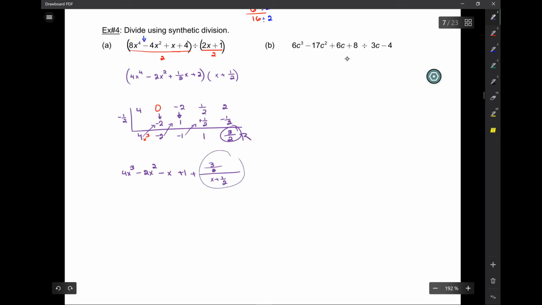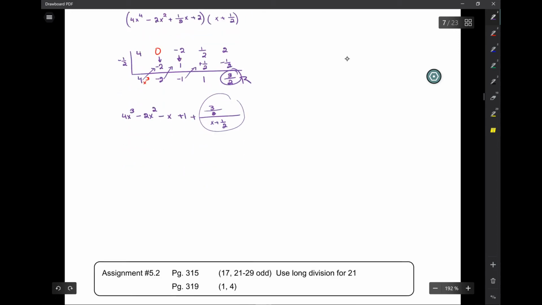Okay, I can't leave this the way it is, so let's do some scratch work here. This is the same as 1 fraction divided by something else, which is 3 over 2 times 1 over x plus a half. So that's really 3 over 2 times x plus a half. What I want is for you guys to be able to go from here to here in one step.